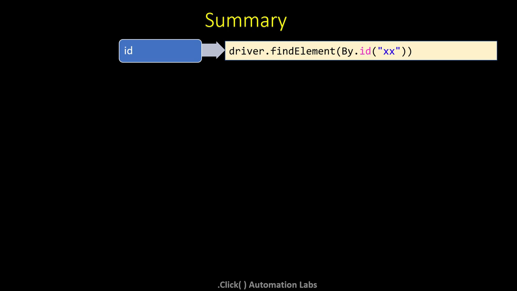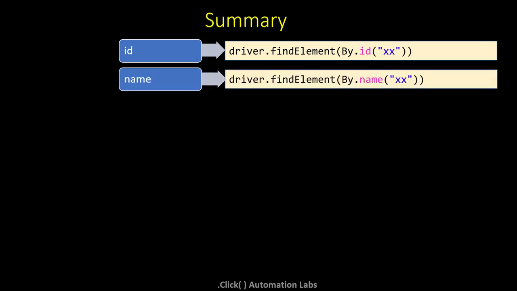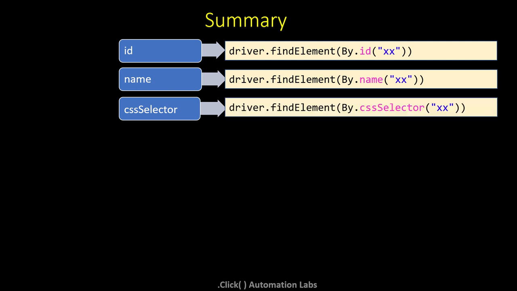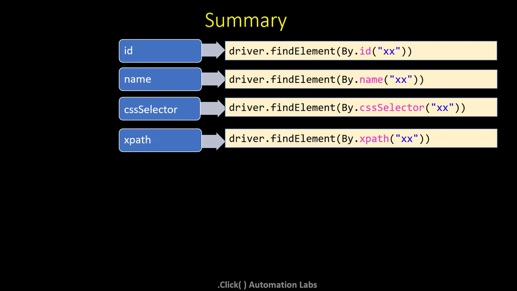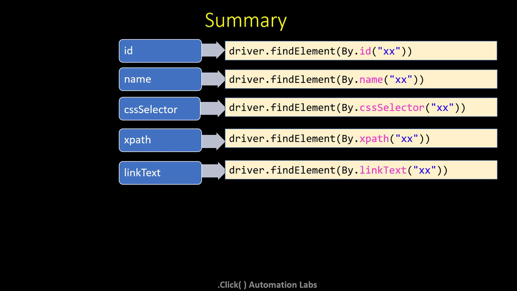If you use name, driver.findElement by.name, and you need to copy the name property from your HTML control source code. For CSS selector, use by.cssSelector. For XPath, use by.xpath. For link text, by.linkText. For partial link text, by.partialLinkText.